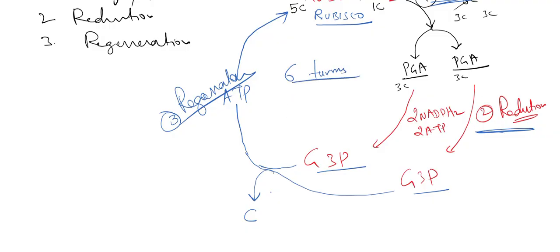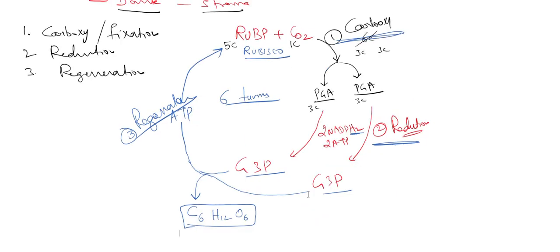For one cycle, 1 carbon means for 6 cycles, 6 carbon will come out. For one cycle, 2 hydrogen means for 6 cycles, 12 hydrogen and 6 oxygen are coming out of this reaction. Nothing but glucose. Why do we say biosynthesis phase? Because glucose is produced. So 6 turns of this cycle are required.